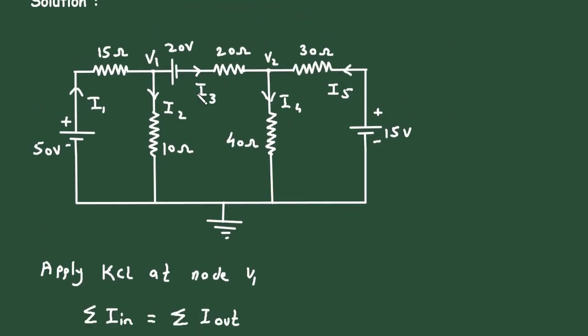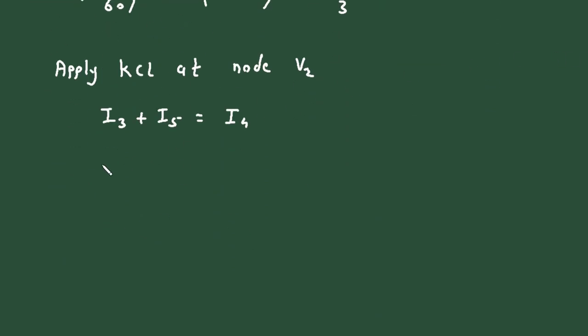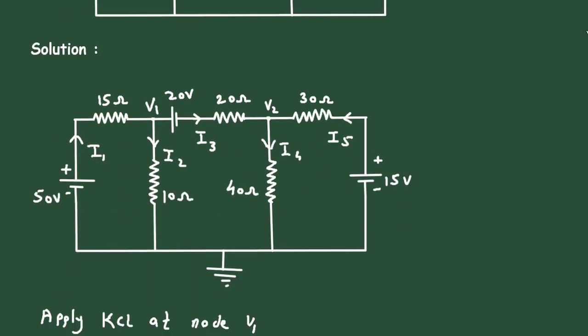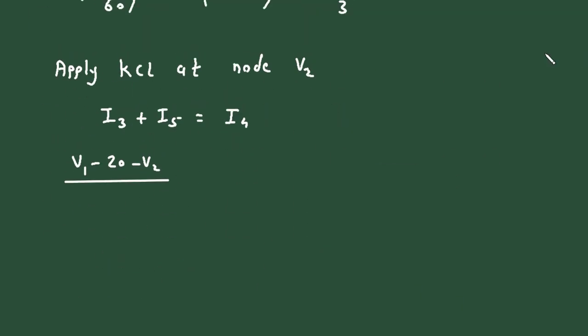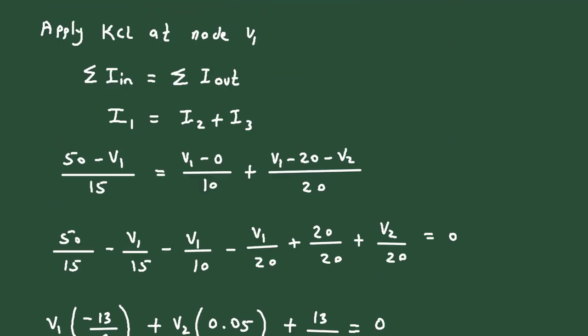Now we will write this I3 in voltage form, so it will be again the same: (V1 minus 20 minus V2) divided by the resistance value, which is again 20. Then plus I5.